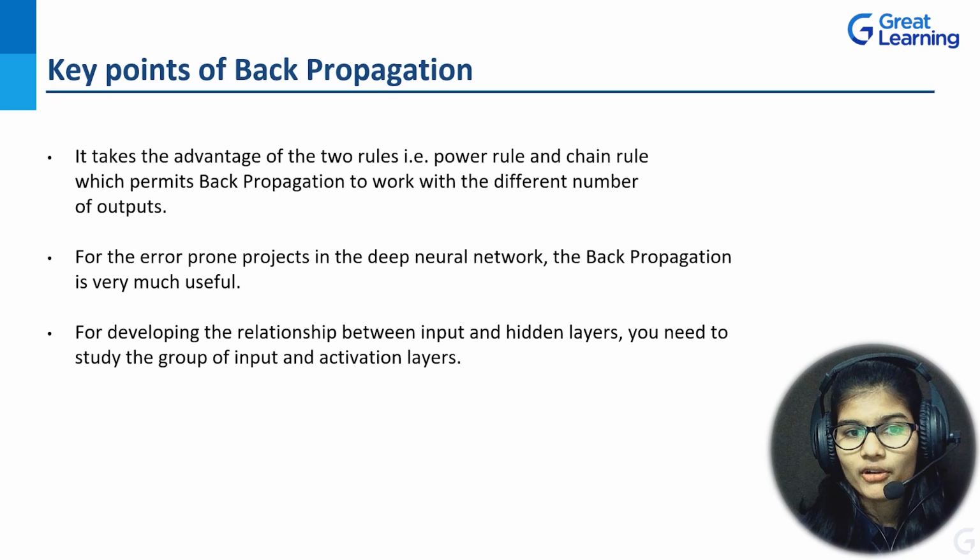So these are some of the key points of backpropagation that really need to be taken care of. First of all, there are two rules, the power rule and the chain rule. These rules permit backpropagation to work with a different number of outputs.